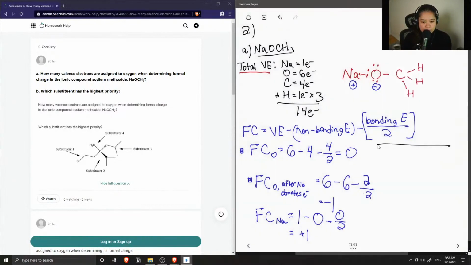Okay, so now let's look at part B. Which substituent in this has the highest priority? So we have a compound that contains mainly carbons and hydrogens, and they point at the different carbons. But since there's a bromine on substituent 1, this gives it a higher priority.